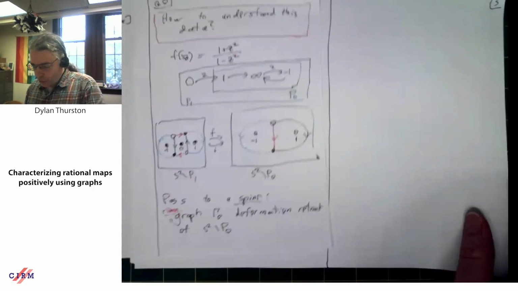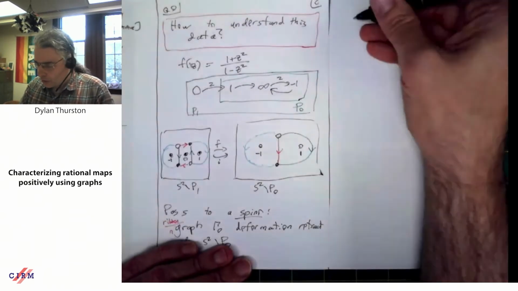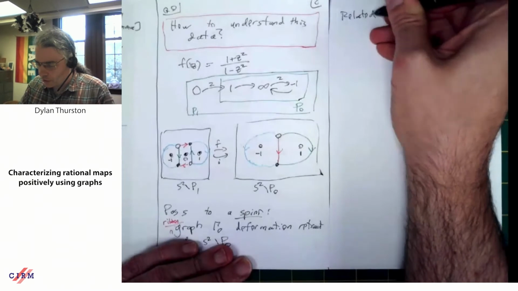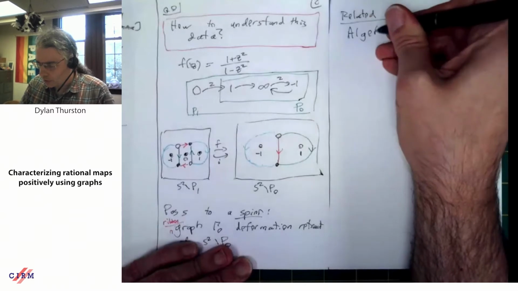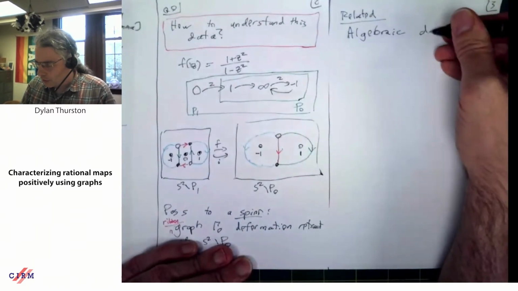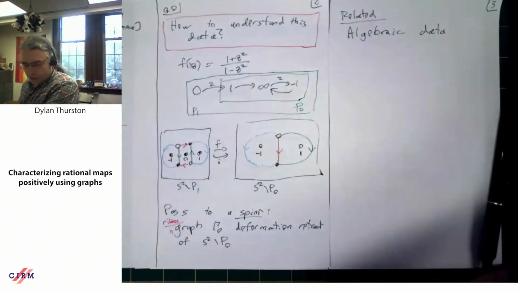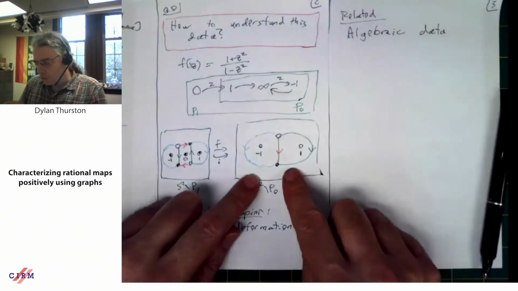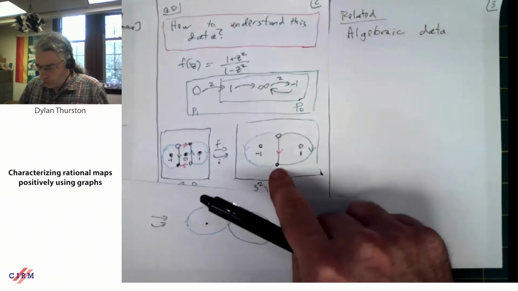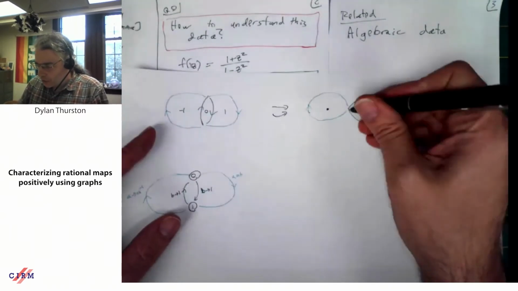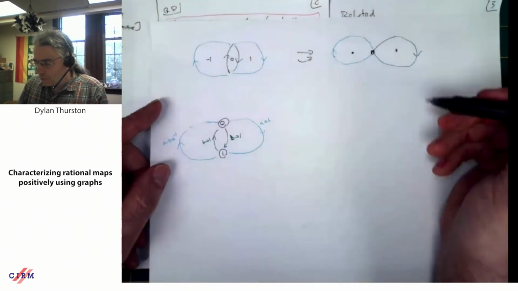And the other thing I wanted to point out was that this is actually closely related to the kind of data that Laurent was showing in his talk this morning. So you can take any graph you want as your spine. So instead of this graph with 2 nodes, if I'm thinking about it as a generator for pi1, I could instead take a graph with just 1 vertex.